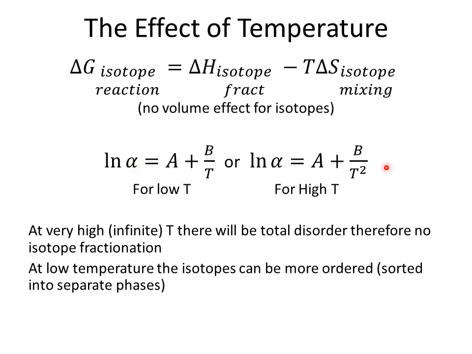There's a slightly different relationship when you get to very high temperatures. You tend to get this T squared relationship. I have absolutely no idea why they're different, but that doesn't really matter. All you need to know is that it's a temperature dependence on the amount of fractionation that you have, and that is due to the entropy of mixing. Idiot.